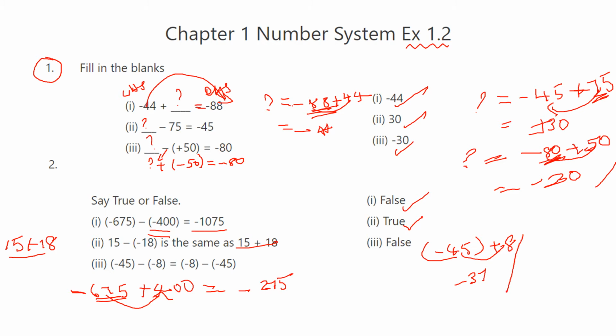And RHS, minus 8 plus additive inverse of minus 45, plus 45. So again 45 minus 8, 37, but plus 37 is the answer. So it is false. Not equal, false.